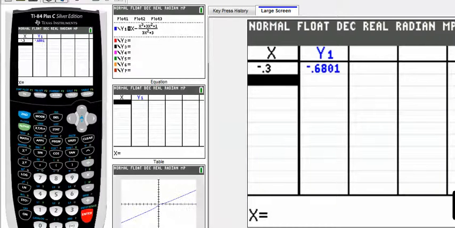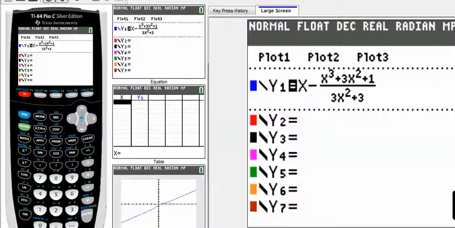It says, no, it's closer to negative 0.6801, and actually I've got a mistake in there, so I've got to go find it. Minus x to the third plus 3x squared plus 1, x minus all over 3x squared plus 3. So it actually looks good to me. I'm not sure what I did wrong. X to the third plus 3x plus 1. Aha. It's not squared.